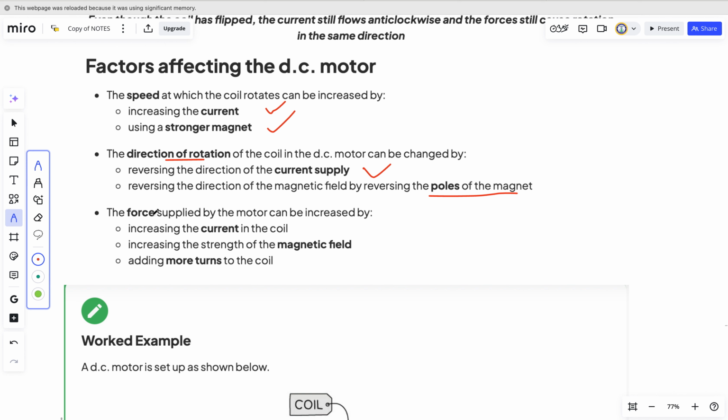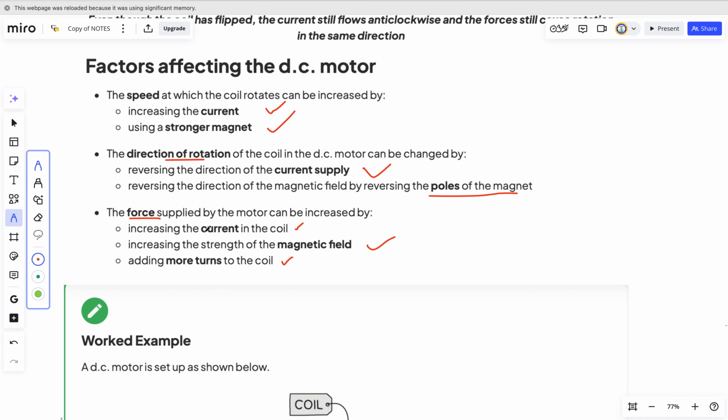If you want to increase the force supplied by the motor, what do you need to do? You have to increase the strength of the magnet, so that it will create a greater magnetic field, and then you have to add more turns.